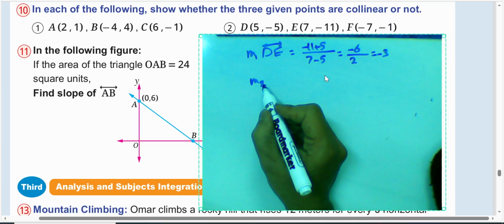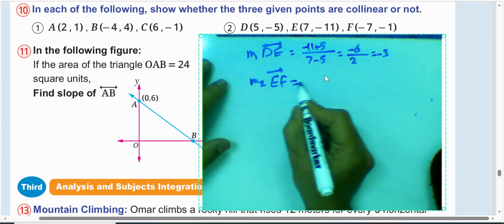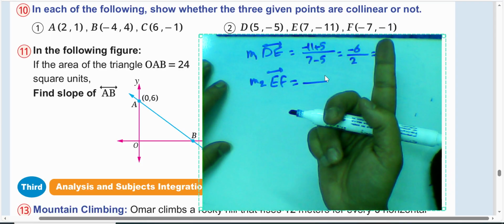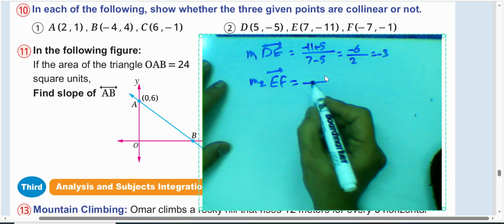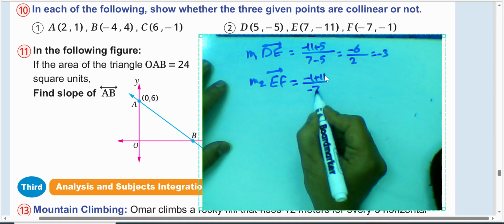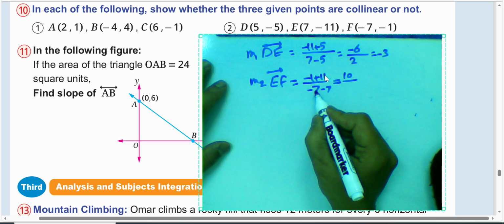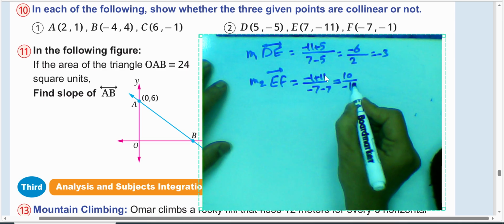Slope number 2 of EF. Okay, E and F here: negative 1 minus 11, negative 1 plus 11, over negative 7 minus 7. Negative 1 plus 11 is 10, and negative 7 plus negative 7 is negative 14.